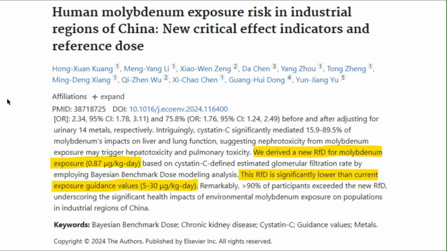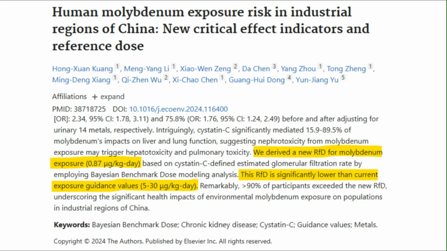Okay, so the reason why I get concerned about molybdenum, and I talked about in the video on molybdenum itself, but I wanted to share it in here, is that there is a new recommended reference dose for molybdenum, and it's a very small amount, works out to be about 67 micrograms for like a 70 kilogram person, which is definitely not the doses that we've been mostly using in alternative healthcare.